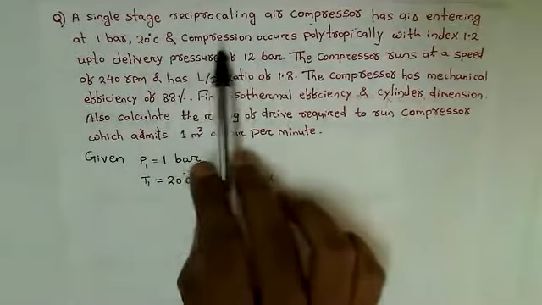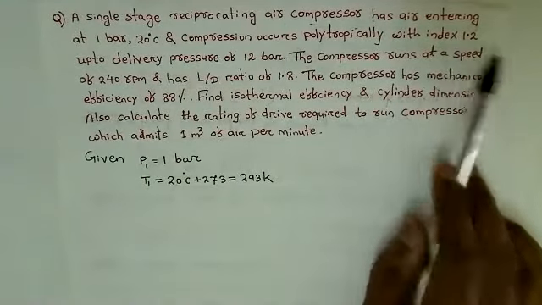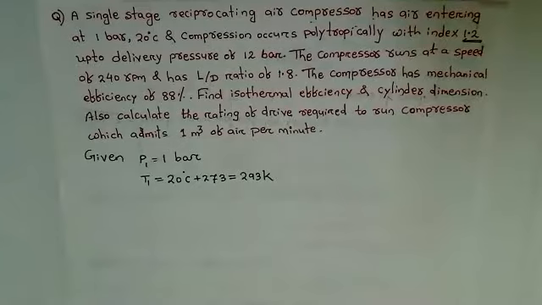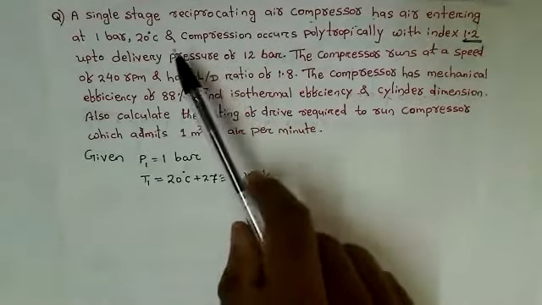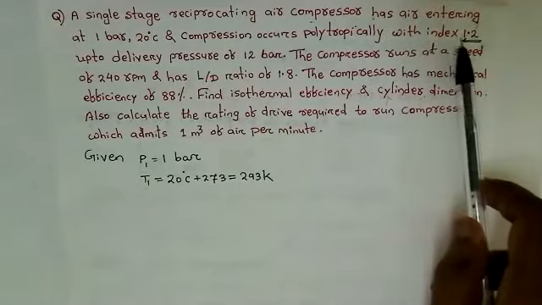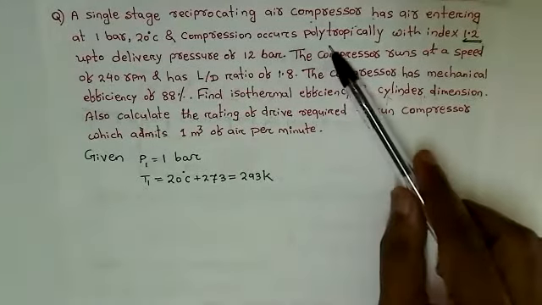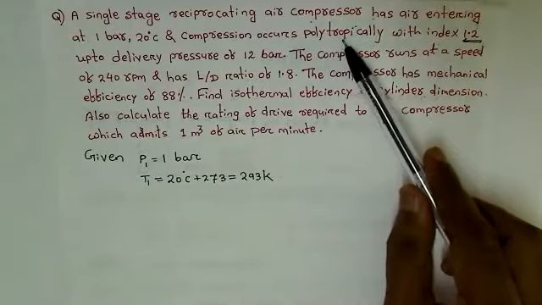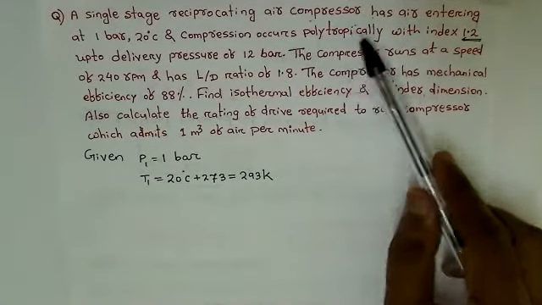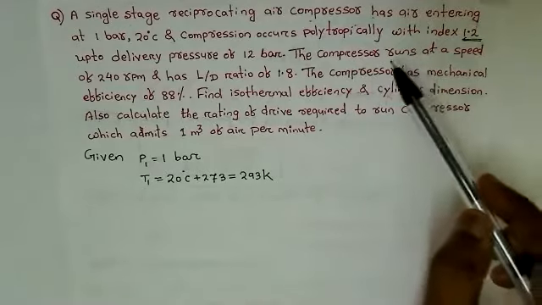What is next? Compression occurs polytropically with index 1.2. So what is this 1.2? It is written compression occurs polytropically with index 1.2. Polytropic process means, as I told you, we take PV to the power n equal to constant. If it is an adiabatic process, then PV to the power gamma equals constant.